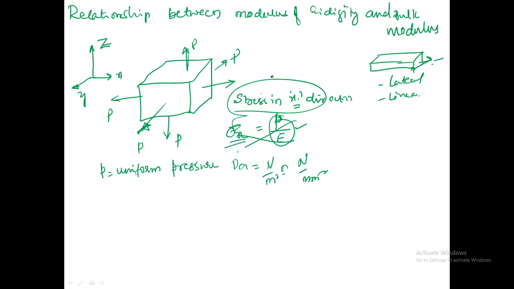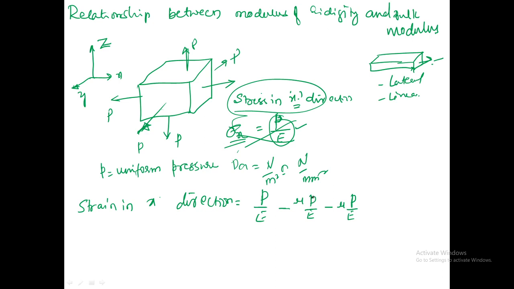Now you need to find out the strain in x direction. So I will write here: P by E minus mu P by E. Now why have we gone for another two terms here?